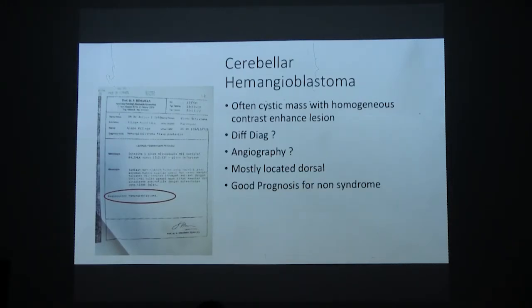So for cerebellar hemangioblastoma, it's proven that the pathology is consistent. They are often cystic. Why? I think the pathobiology of this is that they have a high venous pressure. The feeder is small, subpial, and then they accumulate and drain out to the veins.